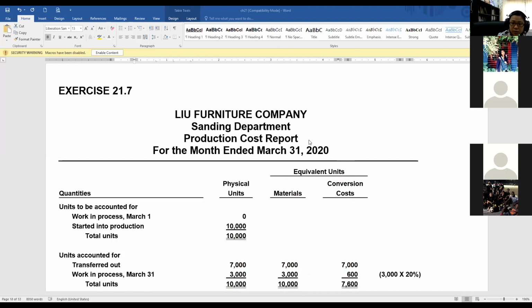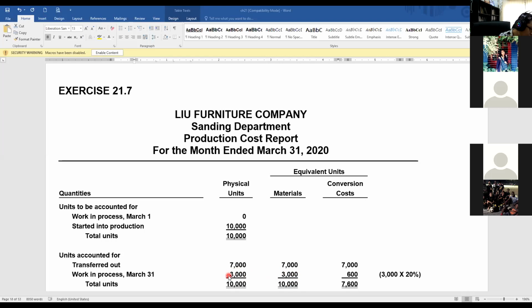And so the 3,000 units at the end here. What happened to them? The question says 100% completed for material. It means the number of equivalent units for material will be 3,000. How many percent completed for conversion?